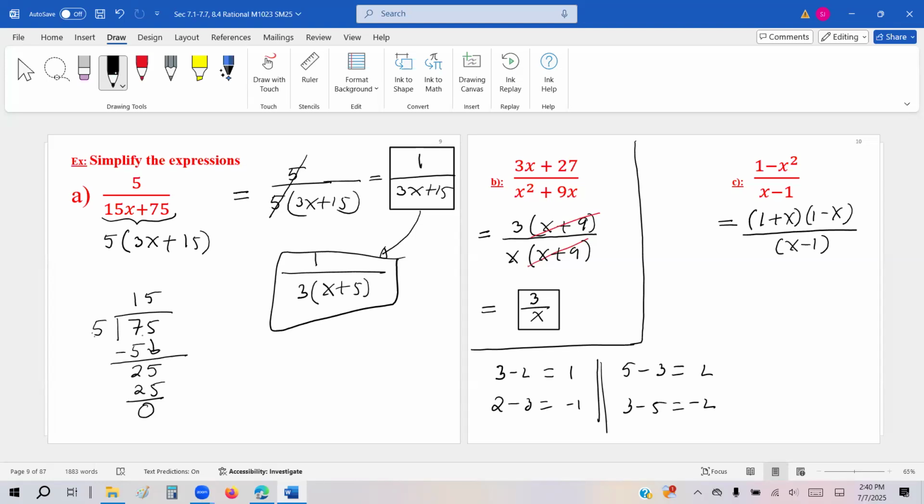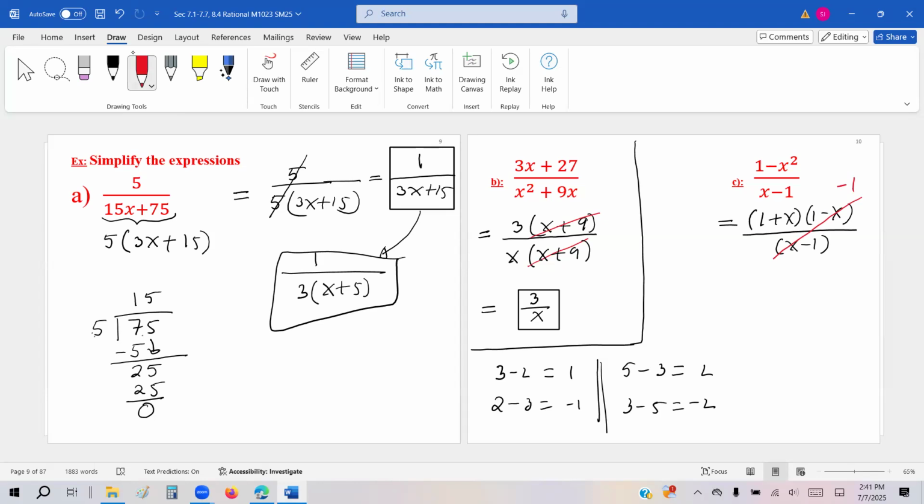5 minus 3 is 2. 3 minus 5 is same 2, but just negative. So they're same, but are they exactly same? They're negative of one another. So yes, we are allowed to cancel them, no problem. But do you get 1 from the cancellation? Because they're not exactly 1. What's the relationship they have? One is the negative of the other one. So we have a negative 1 left.